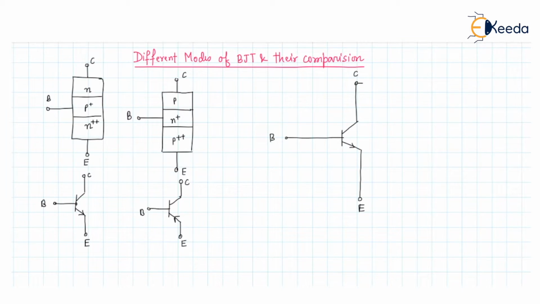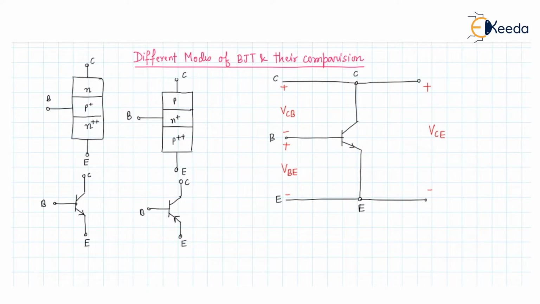Now, if I enlarge the emitter terminal like this, this voltage will be the collector to emitter voltage, this voltage will be the base emitter voltage, and this voltage will be the collector to base voltage.